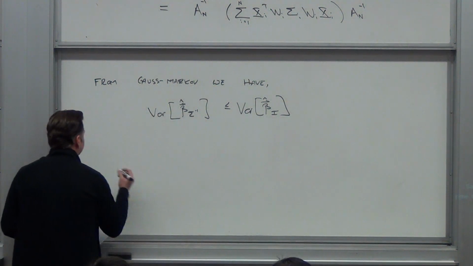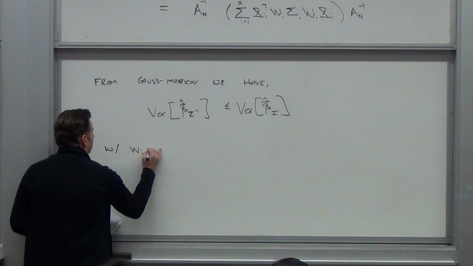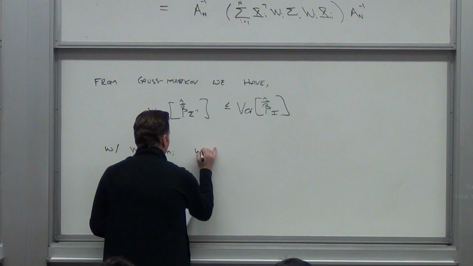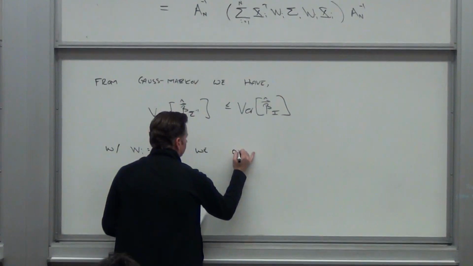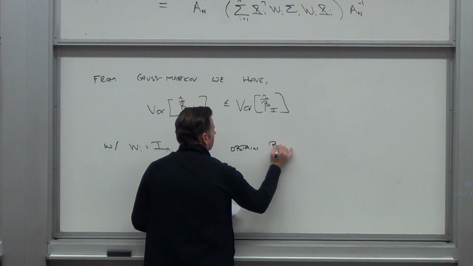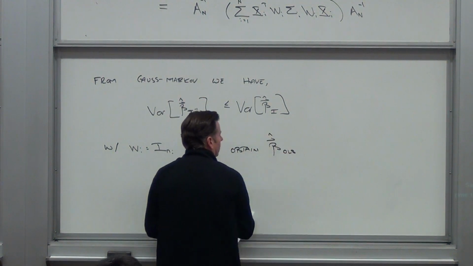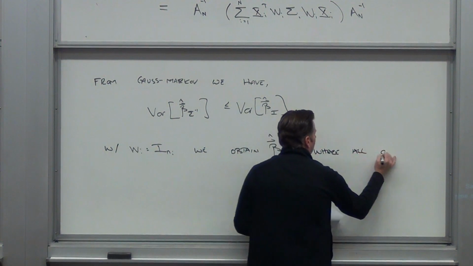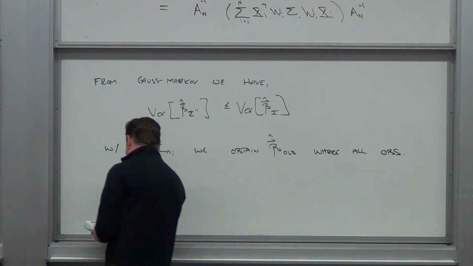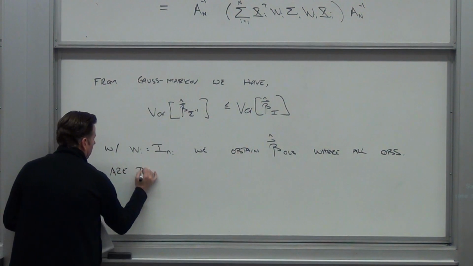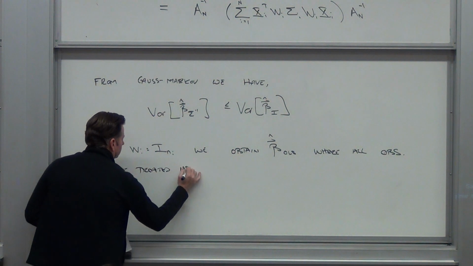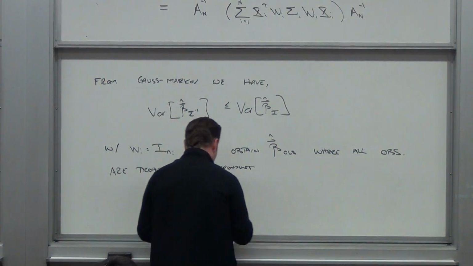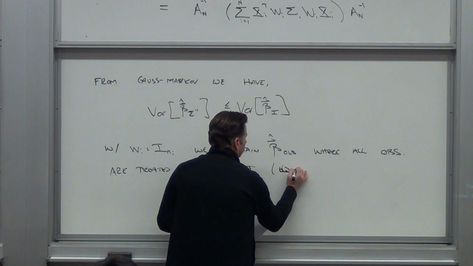So, with W_i equal to the identity matrix, just to kind of close this out, we're going to obtain a beta hat OLS estimator where all of our observations are treated as independent, they're equally weighted.